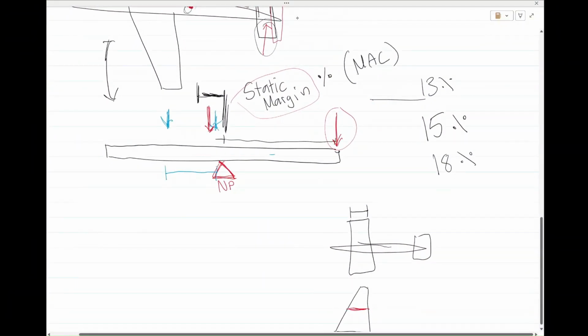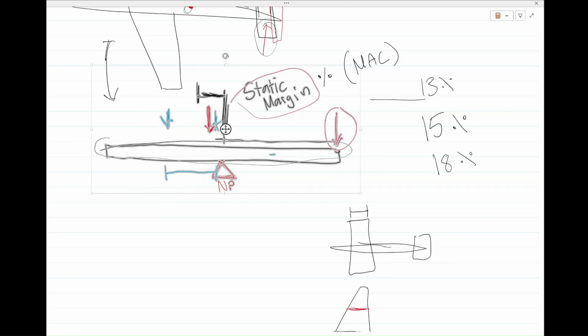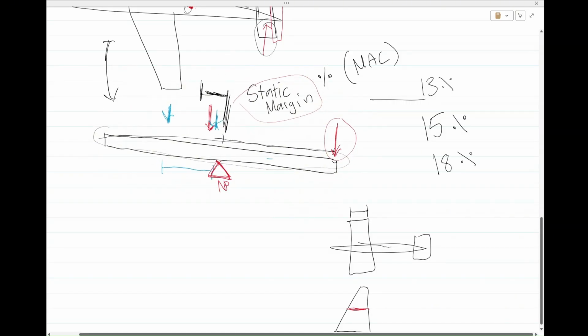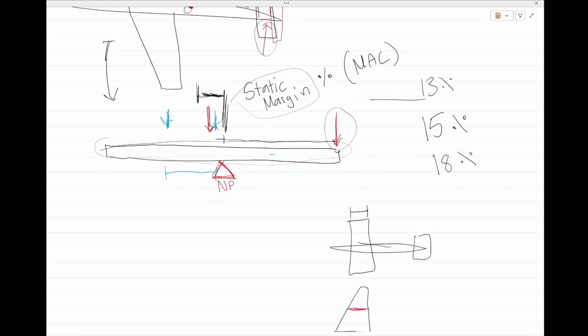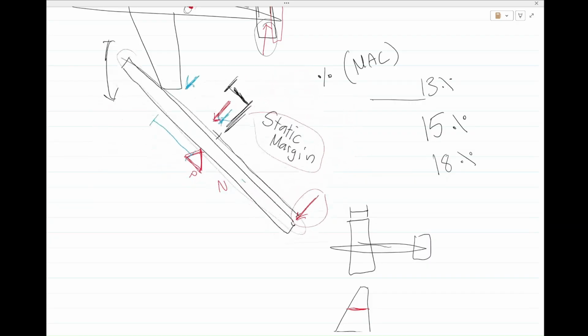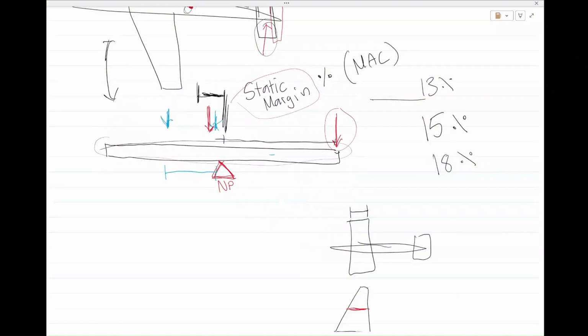So again, let's go over this. Your beam is your plane. Your tail is the force that's causing this whole beam to rotate. If your center of gravity is closer to the nose, it's harder for it to rotate. If it's closer and closer to the neutral point, it's easier for it to rotate, because that's how levers work.